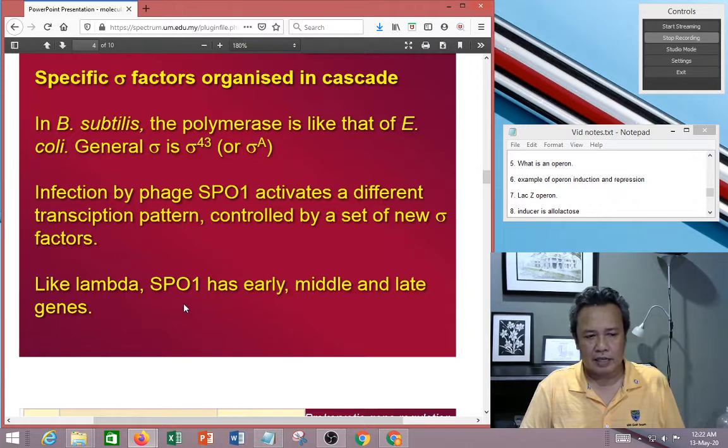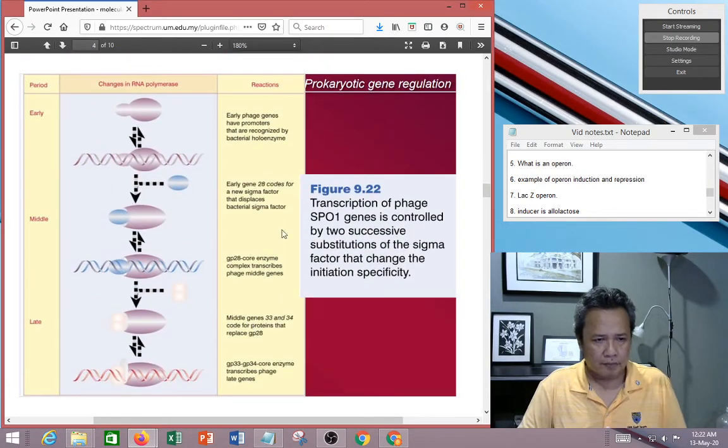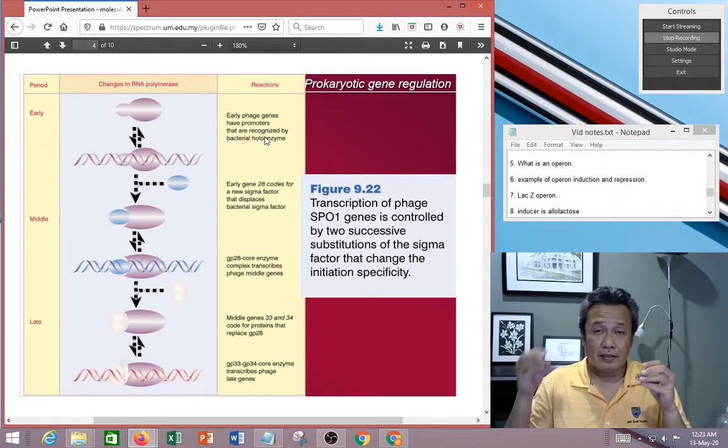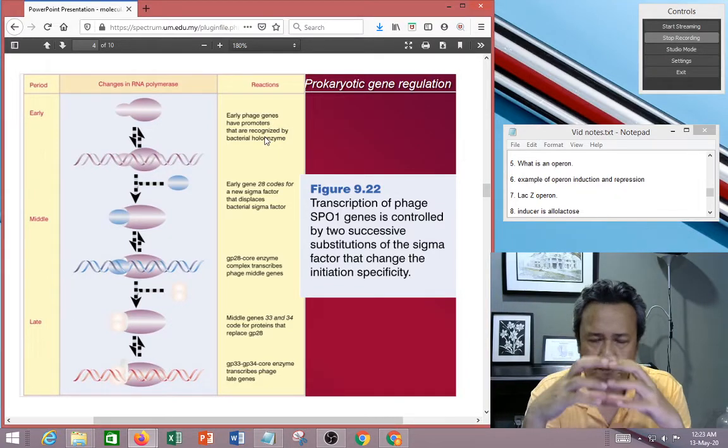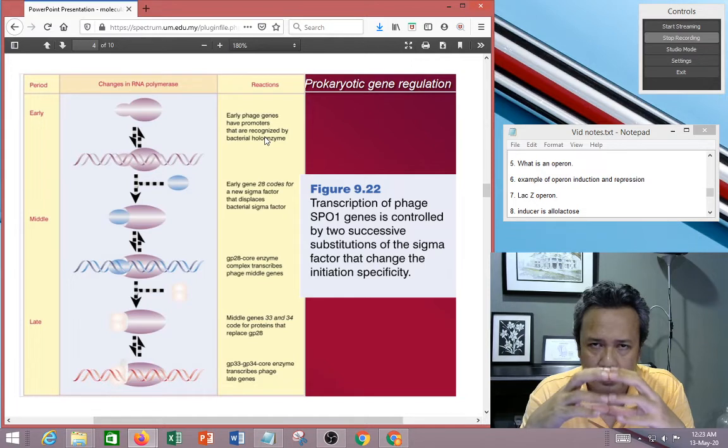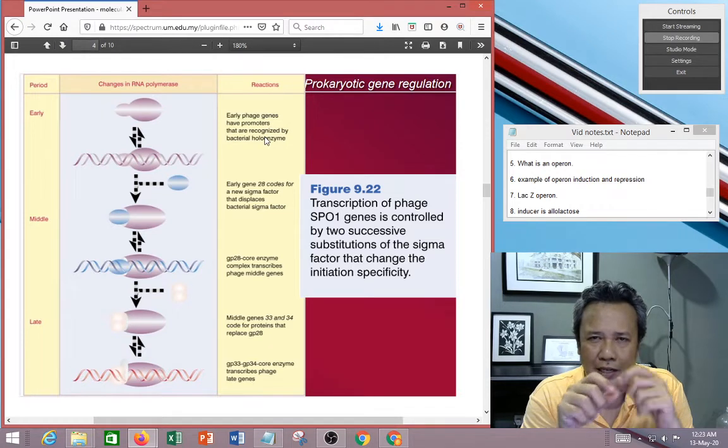Like lambda, SPO1 has early, middle, and late genes. So these are the genes in the virus. SPO1 is a virus. As the virus inserts its DNA into the bacteria, the first genes, the early genes, are categorized as genes that are required early in viral infection.